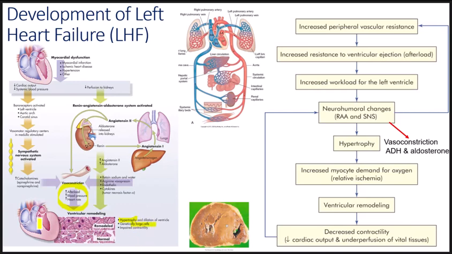Even though you can see the enlargement here and the comparison between these cells and these cells, eventually it's not going to be able to remain in this state. And this is where, just like we saw with the right side of the heart, the muscle cells will become injured, they will thin out, and we'll see an enlarged chamber.